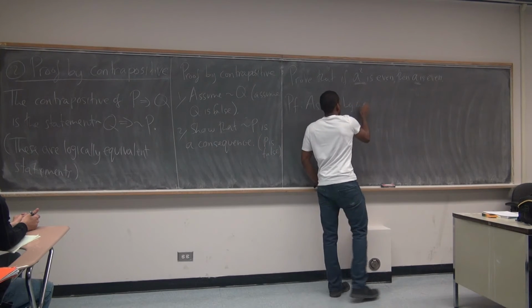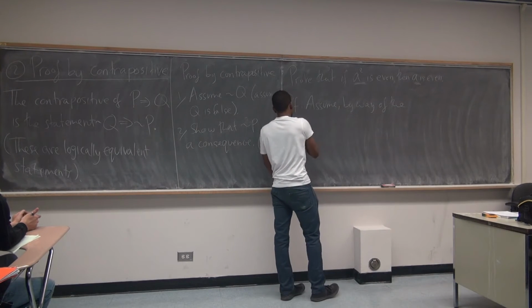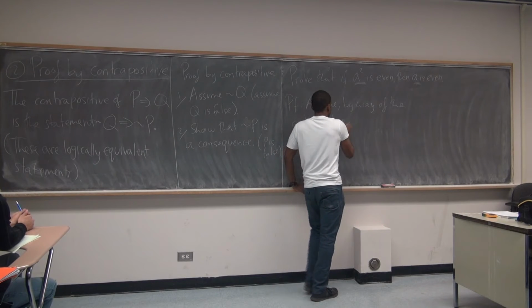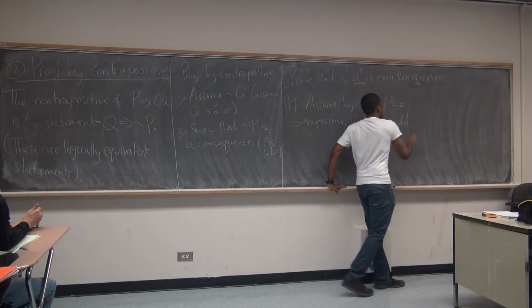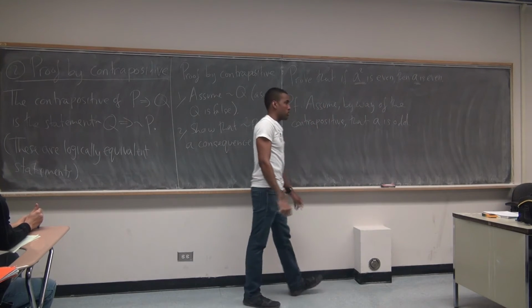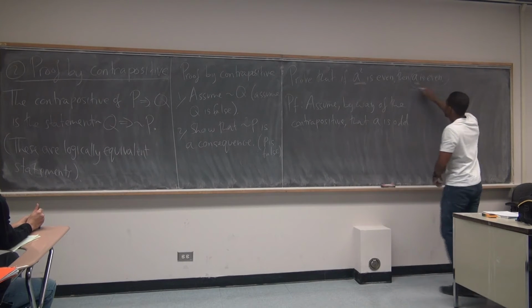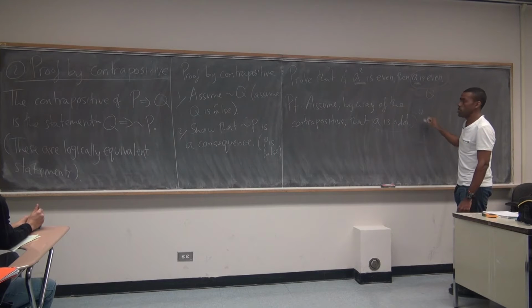So if I wanted to prove this kind of statement, I would assume that A is not even. So I assume A is odd, right? So I'm going to the Q statement, and what I did was I assumed not Q. If it's not even, it's odd.